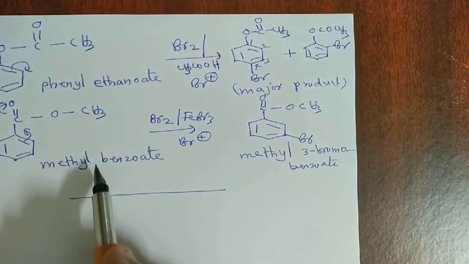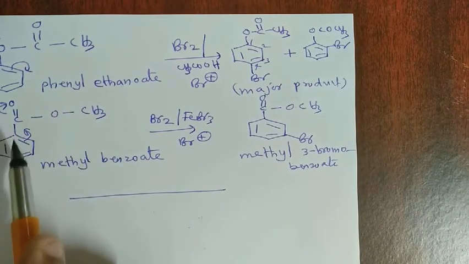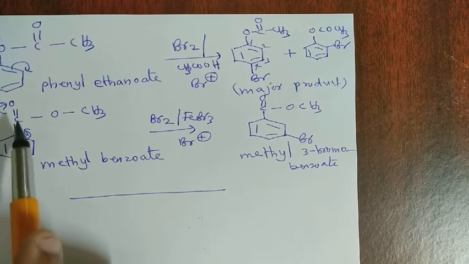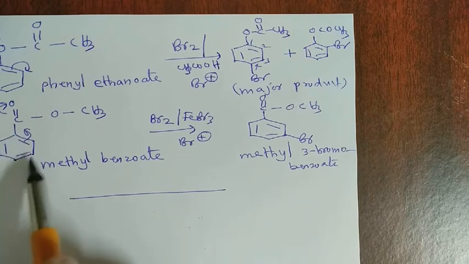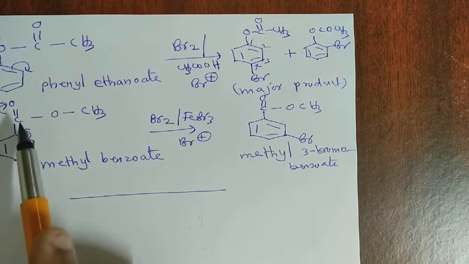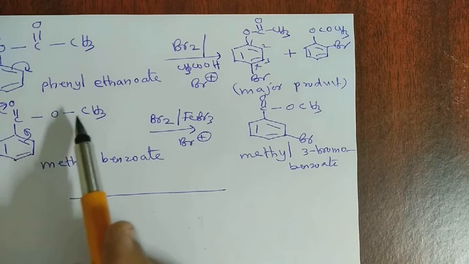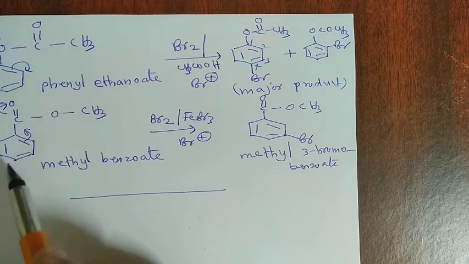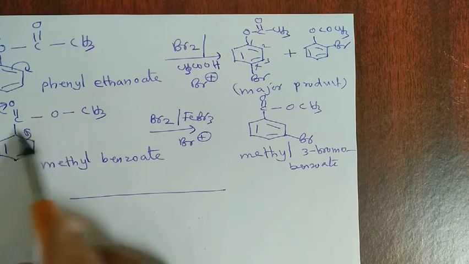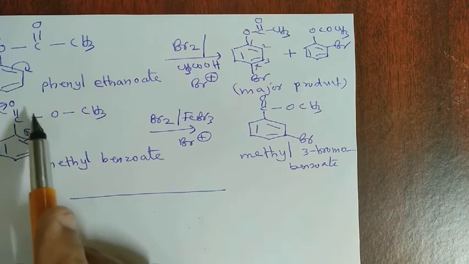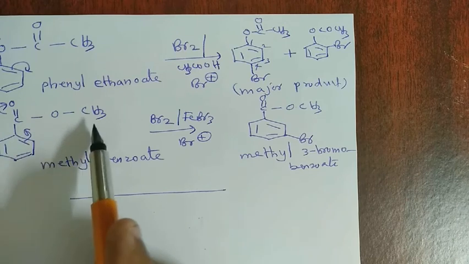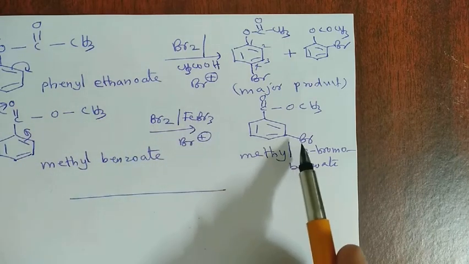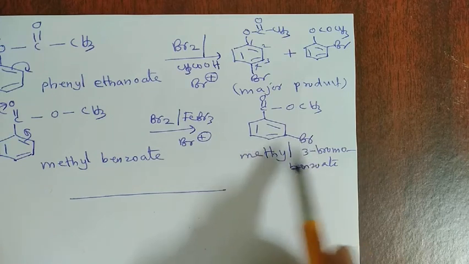In the second compound, the C double bond O group is directly bonded to the benzene ring. Hence, there will be a minus R effect. In other words, the C double bond OCH3 group decreases electron density at the ortho and para positions through the minus R effect. Hence, when this compound is subjected to an electrophilic substitution reaction, only the meta substitution product is obtained.